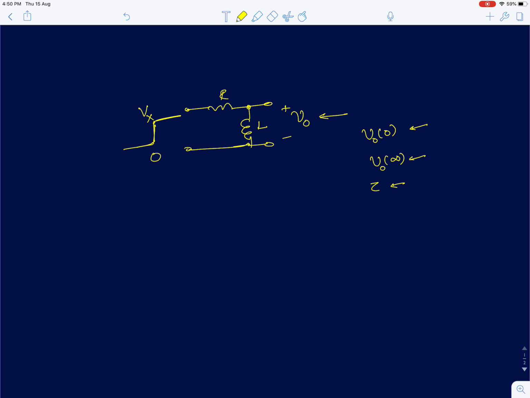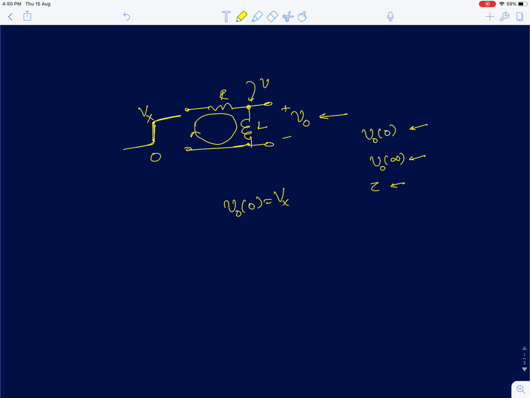step especially. Now first, the instant you apply the input, the inductor is going to behave like an open circuit, so the input voltage is entirely going to appear across this. So V0 of 0 will be equal to Vx, and in the steady state, the inductor impedance is going to be 0, and a current of Vx by R will be flowing in the circuit.